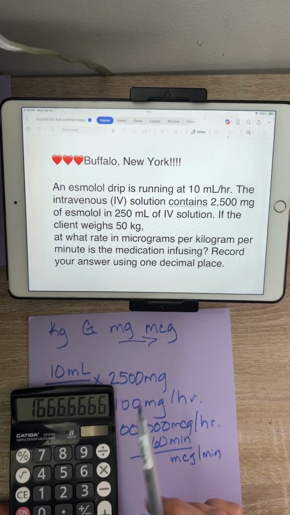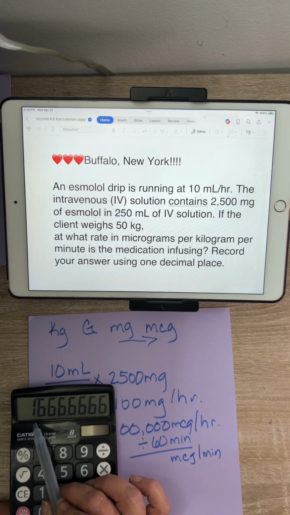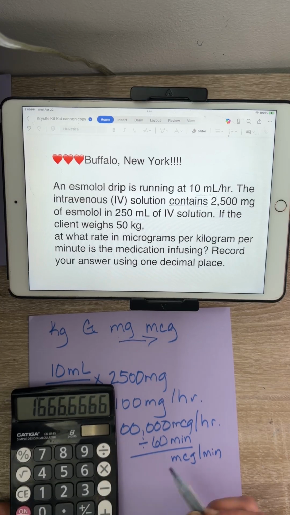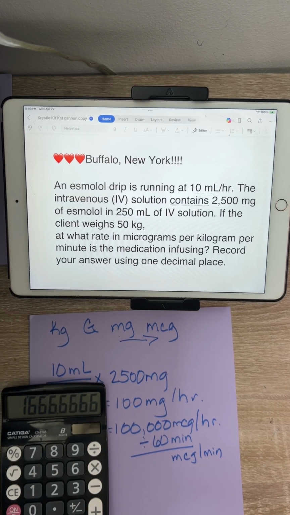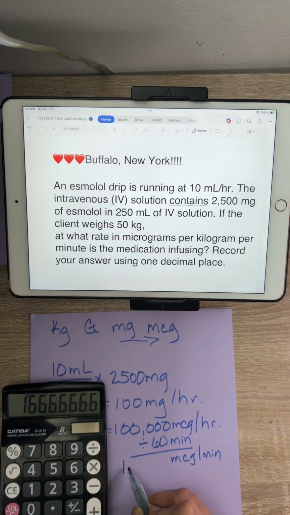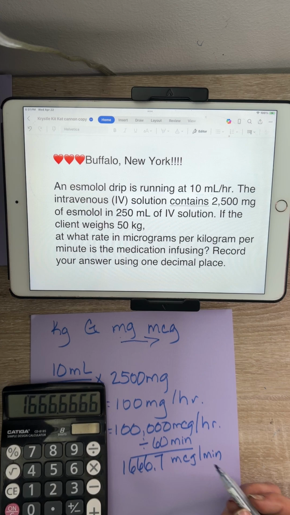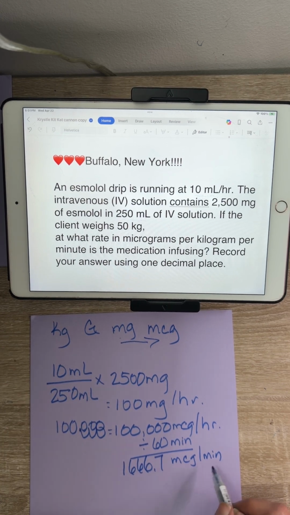Just hang on. We're going to round it to 1 decimal place. We're not scared of all those 6s. We know the one that trumps those 6s. So it's 166.7 micrograms per minute.